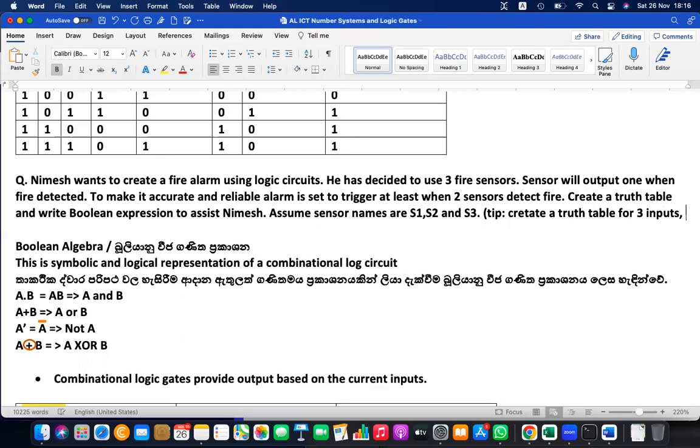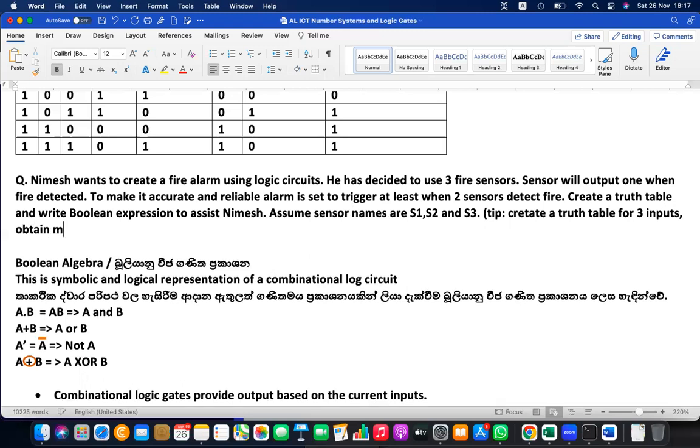Obtain min terms and max terms. Then write sum of product and product of sum expressions.